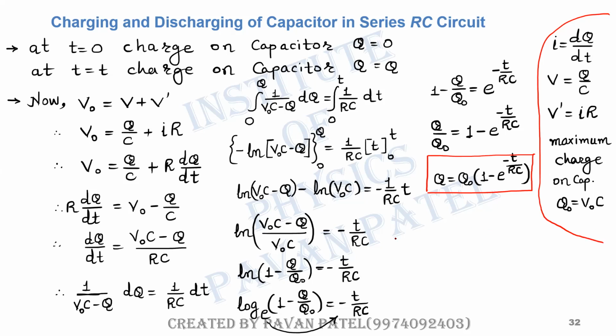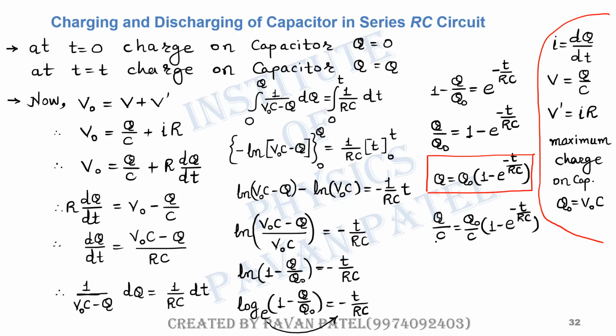Okay, now if you want to understand the value of V, what should be the potential on the capacitor at time t? So V is equal to Q by C. Just substitute: q divided by C is equal to Q0 divided by C in brackets 1 minus e raised to minus t divided by RC.